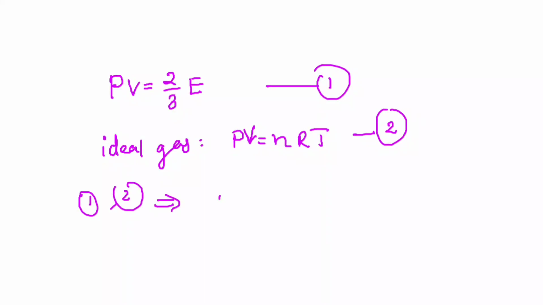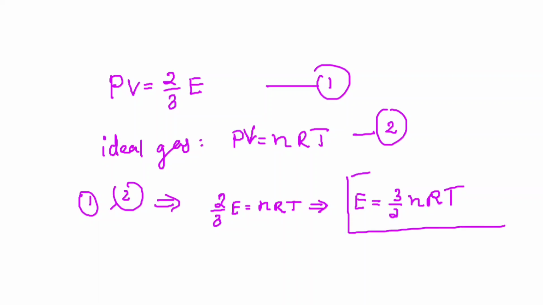We can write 2 by 3 E is equal to nRT. From this we get expression for energy, that is 3 by 2 nRT. So this is the expression for energy, that is translational kinetic energy. So we got equation for translational kinetic energy. Let's rewrite that in a new slide.